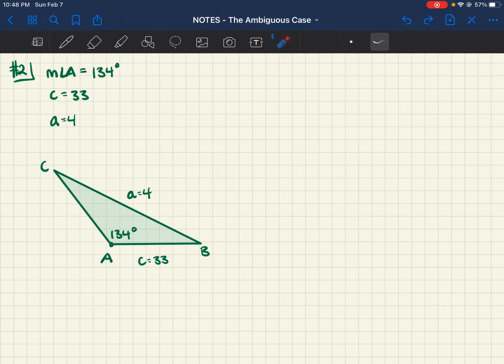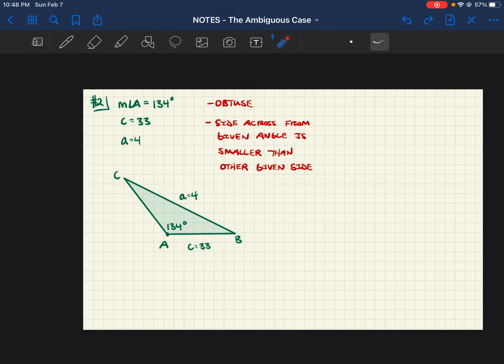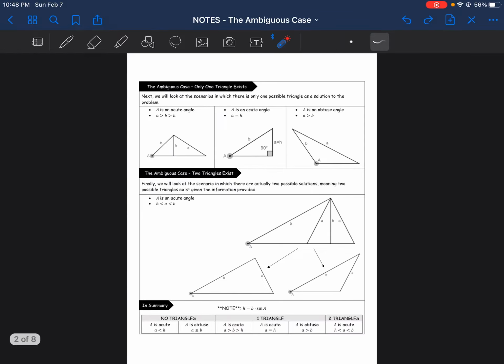So we can already tell that this is an impossible scenario, but let's also see why with our little table that we set up. So first off, we have an obtuse triangle, and notice the side across from the given angle being 134 degrees, side across from it being 4, is smaller than the other given side. Well, let's go back and look at that table.